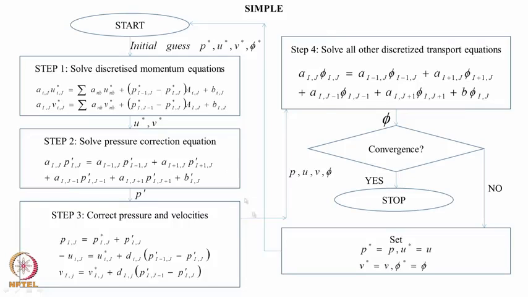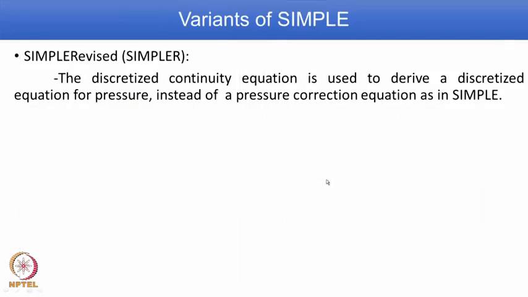Before repeating the procedure, whatever value is obtained in this step as well as in this step, that is pressure, velocity as well as any scalar variable, are reset as guess pressure, guess velocity and guess value for the scalar to proceed to the next iteration, and the process is repeated. So, this is the algorithm for SIMPLE.